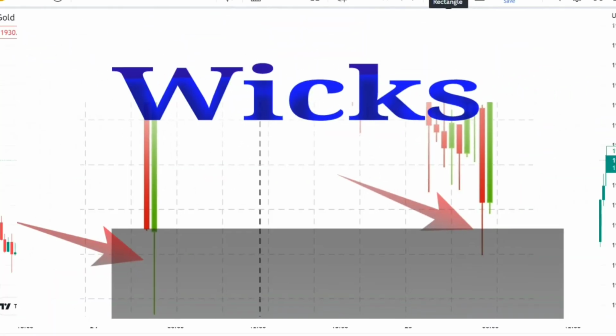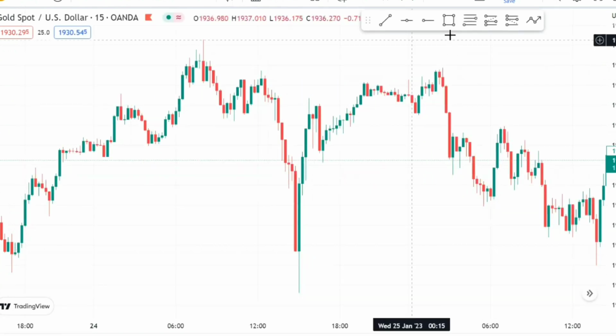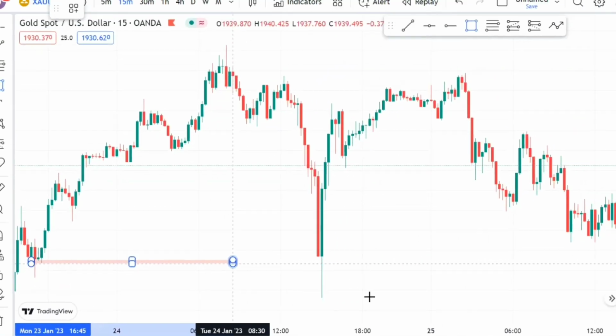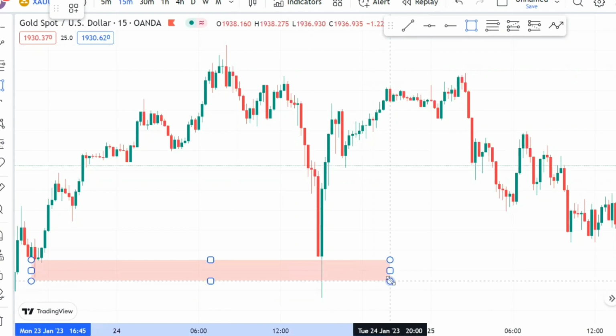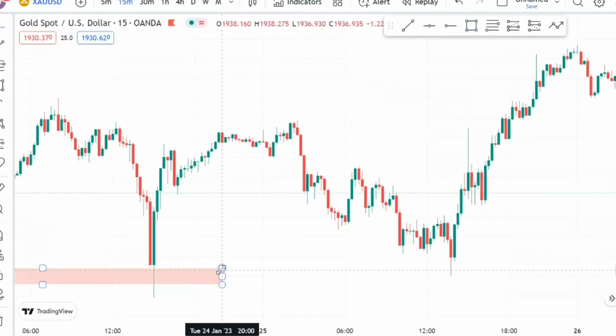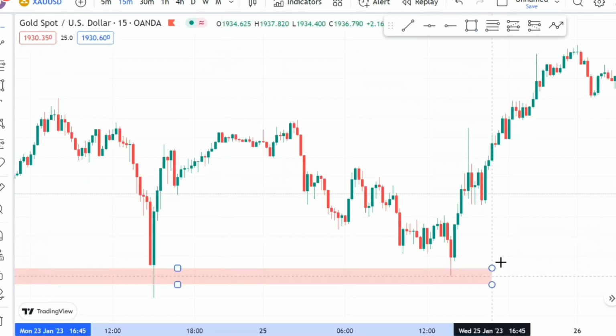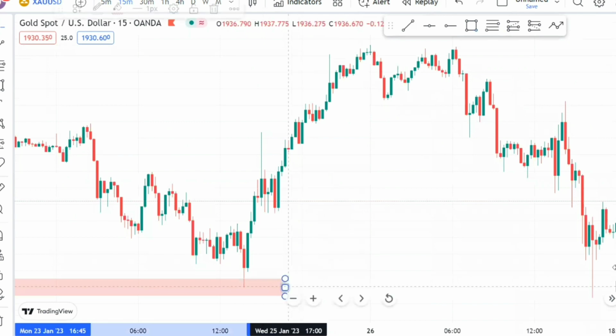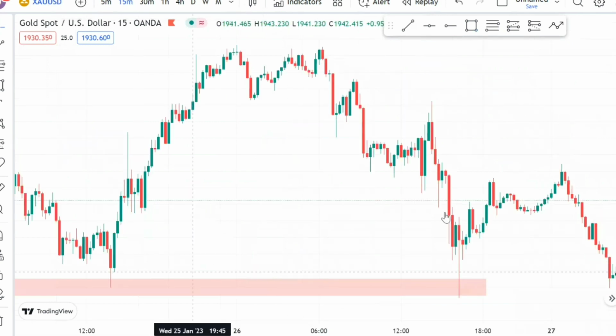The second one, guys, is using the weeks of previous price movement to draw your supply and demand zone. As you can see, there's a nice example here. Price literally wicked on this one, came back to retest this zone, wicked here again, came back, wicked here again before the initial move to the upside.